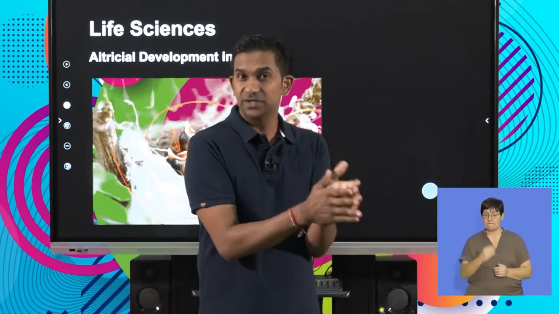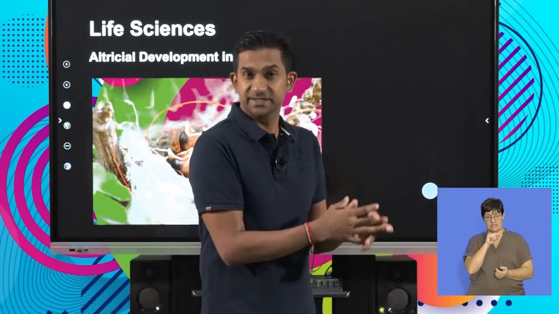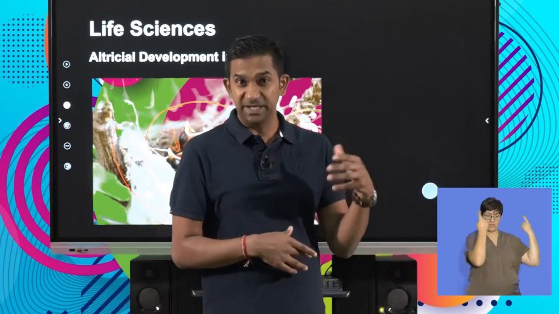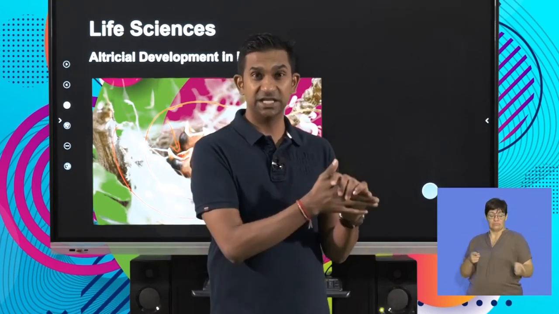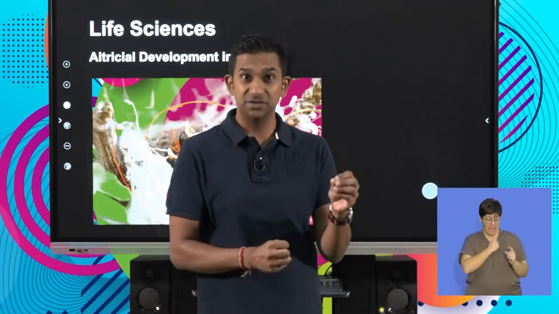So if you were to ask me, would the birds that live on the ground have been more successful if they had changed from a precocial to an altricial strategy? The answer would be no, because each species has adapted to their unique strategies in terms of increasing their chances of survival.